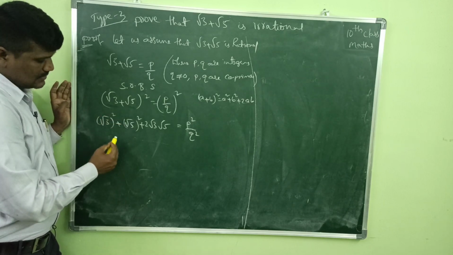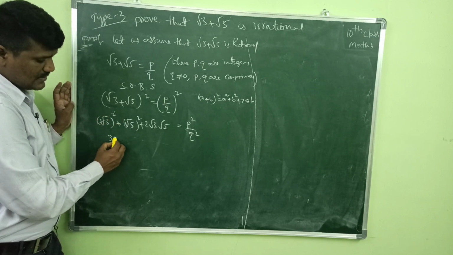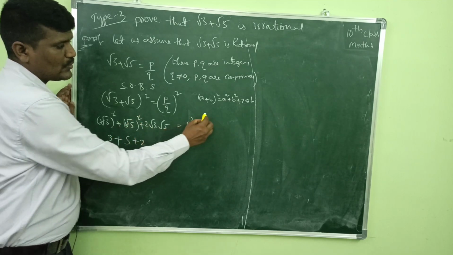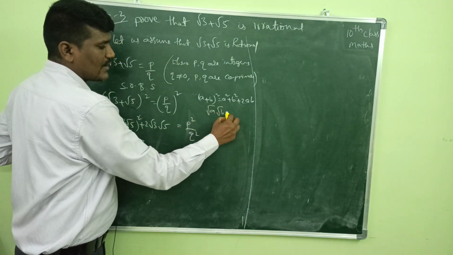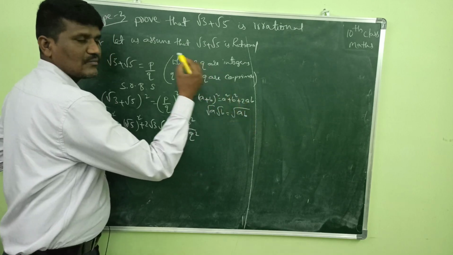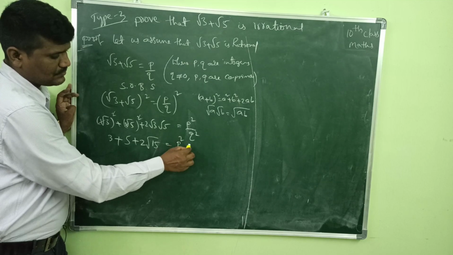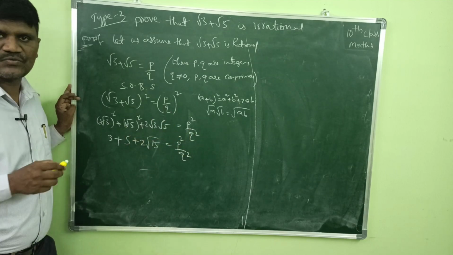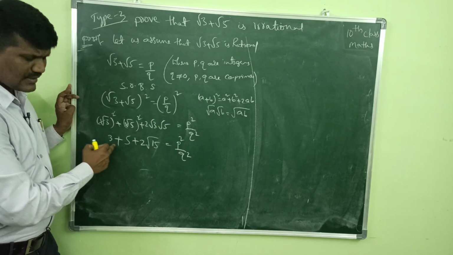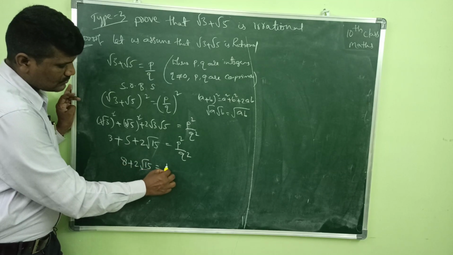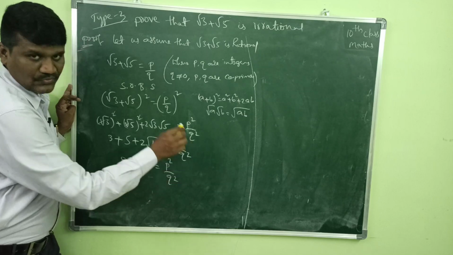Root 3 whole square, square and root cancel, gives 3; square and root cancel, gives 5. Here 2 root a into root b I can write as root ab, root 15, is equal to p square by q square. 3 plus 5 is 8, plus 2 root 15 is equal to p square by q square.